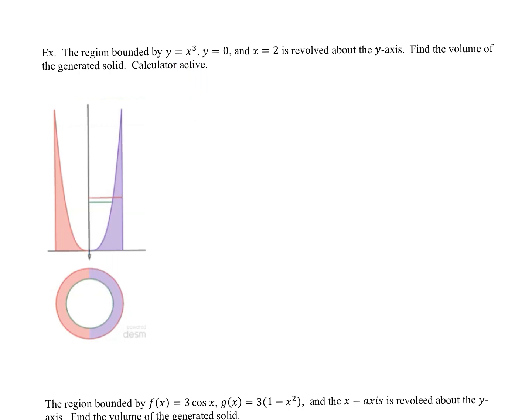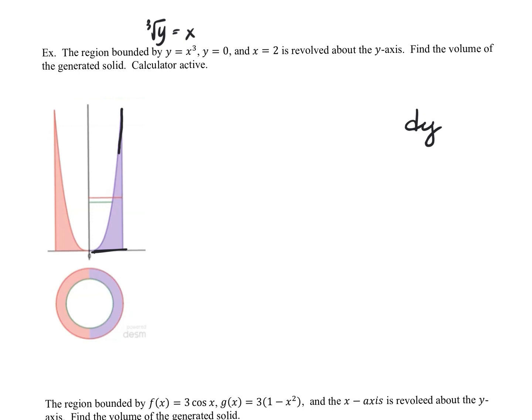Y equals 0 is here, the x cubed was this part, and then x is 2 is there. That was me trying to focus in on just this purple region. We're taking this purple region and revolving it about the y-axis. If I needed to get x by itself, that is the cube root away. Okay, cool.